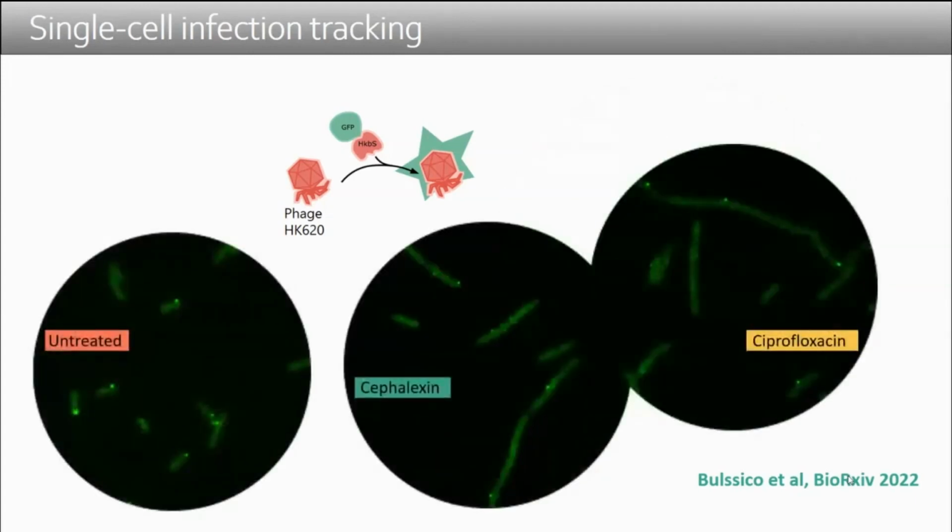So the idea is that his project is really about looking at the synergy between phages and antibiotics, and he was able to count individually. So we can do single cell, but also single phage study. He was able to look individually at cells, either untreated or treated with cephalexin or ciprofloxacin, where you can see that there is a very important filamentation effect of those antibiotics.